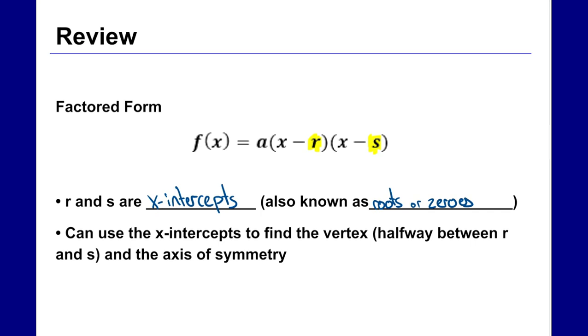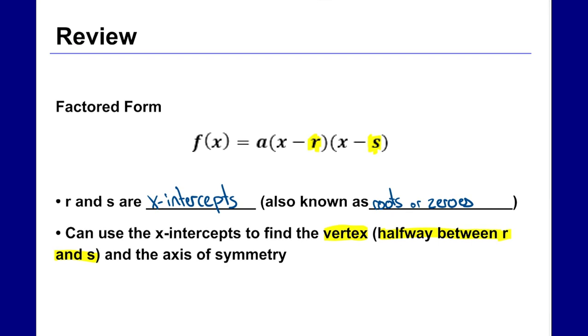So once we get the x-intercepts from this factored form, we can use the x-intercepts to find the vertex. We are still going to find the vertex using the information that's given to us. Now the vertex is halfway between the r and the s, because the axis of symmetry is a vertical line that goes through the vertex, but it also cuts our parabola in half.